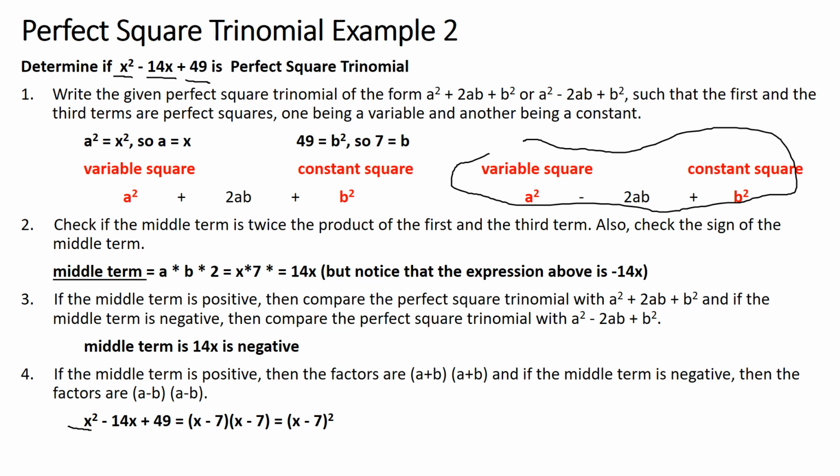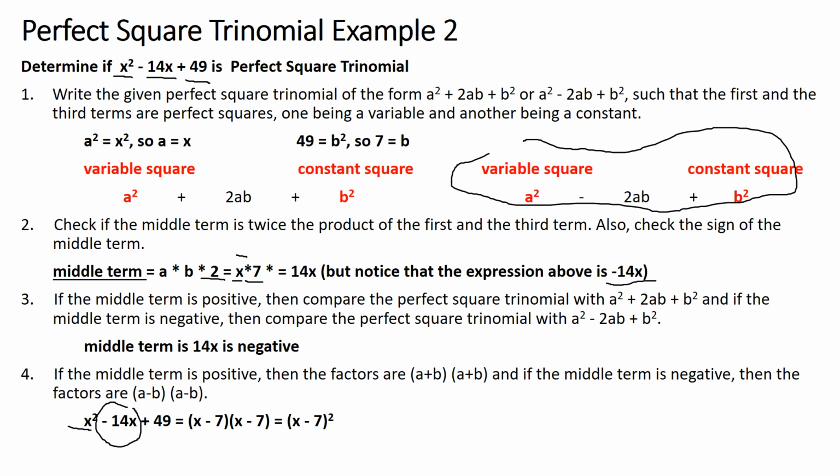It's a minus, since it's a squared minus 2ab plus b squared, so it is going to be negative 7, as I said here. So 2 times a times b, and that should be negative 7, as I put over here, it's minus 14x. 2 times negative 7 times x is negative 14x. There's that middle term.